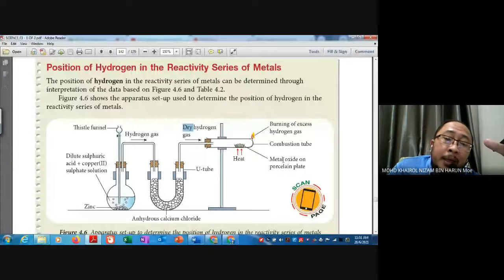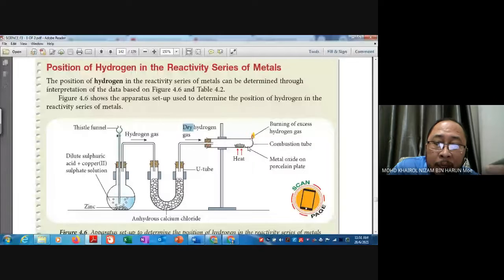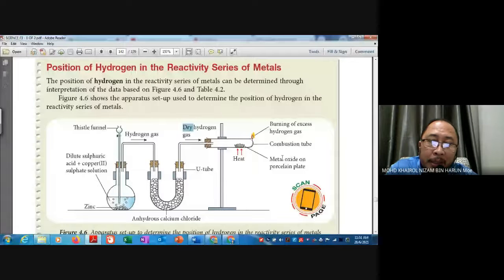If the mixture of hydrogen and metal oxide shows no reaction, it means that hydrogen is less reactive than the metal itself. So this is how we conduct the experiment to determine the position of hydrogen in the reactivity series.